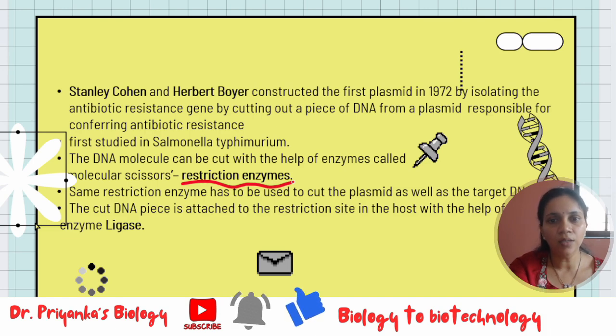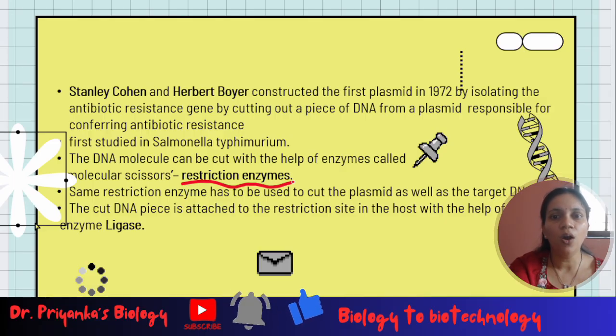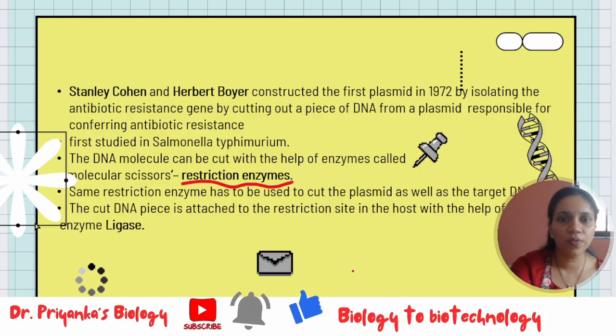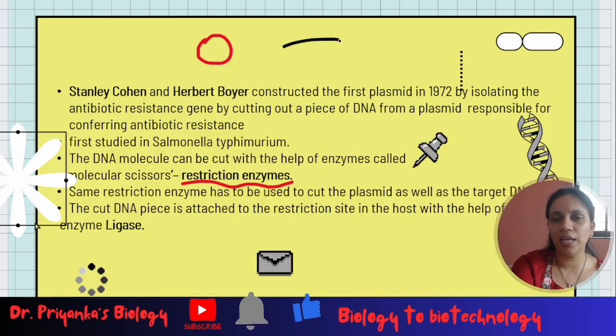So basically, these molecular scissors are the enzymes which have the property of cutting. So cutting is basically breaking the bonds in the DNA. Okay. Now, suppose we have the plasmid over here and a piece of DNA. Okay, we want this piece of DNA.